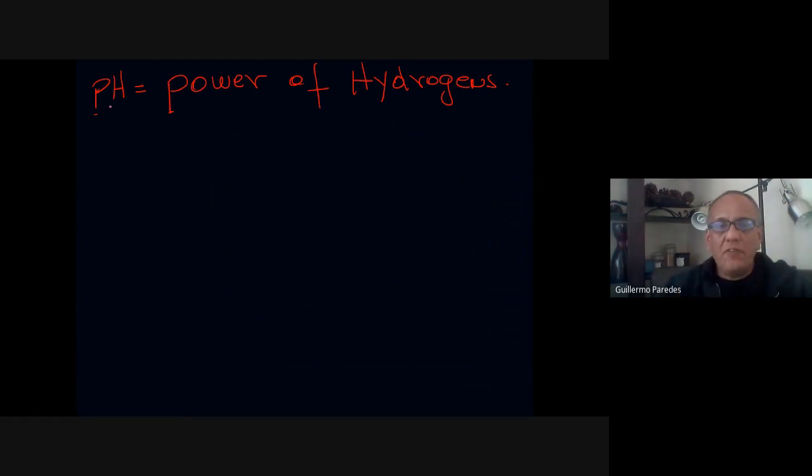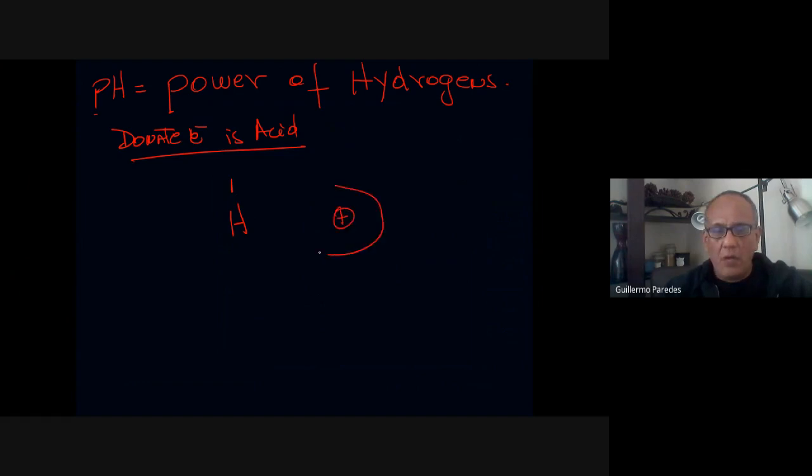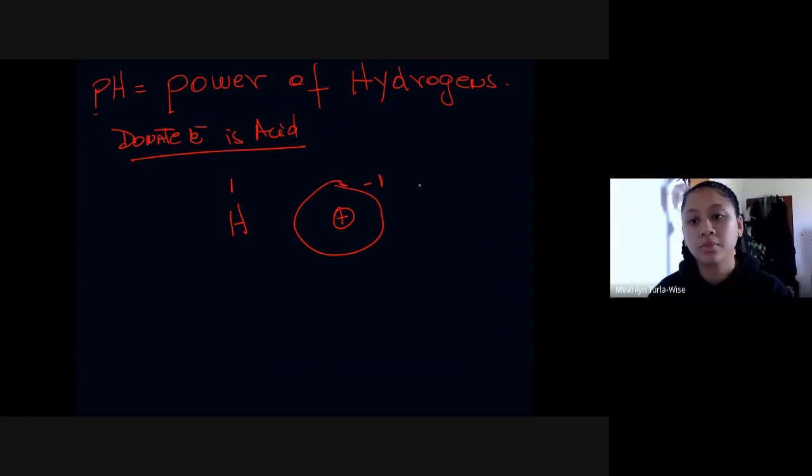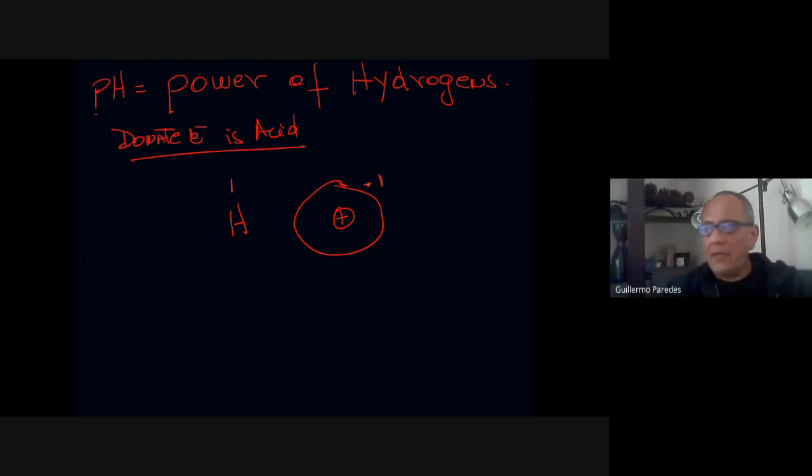Everything that donates electrons is acid. For example, you have hydrogen. In the periodic table, they say 1. What does it mean? That you have 1 proton and 1 electron. Yes or no? Yes.